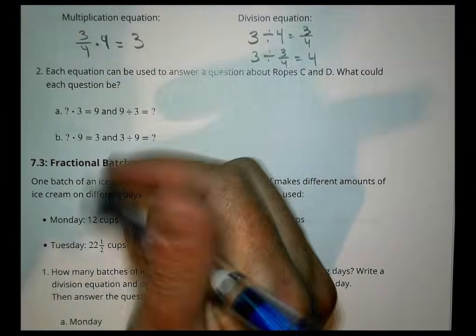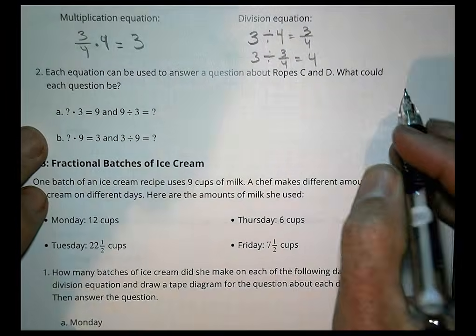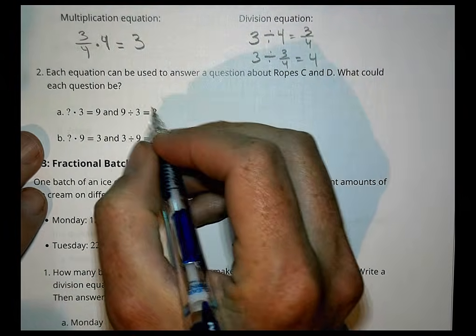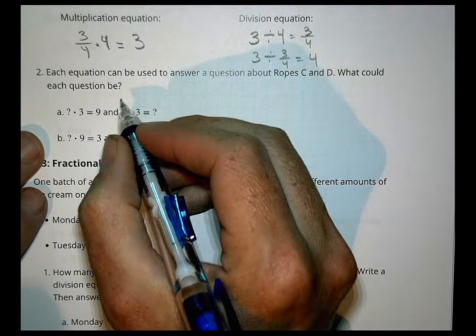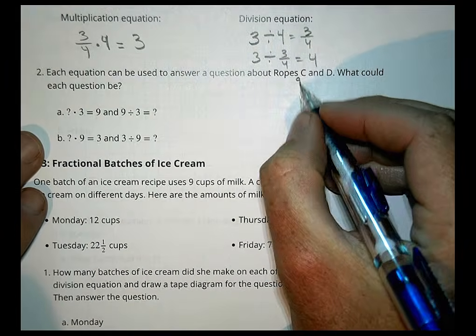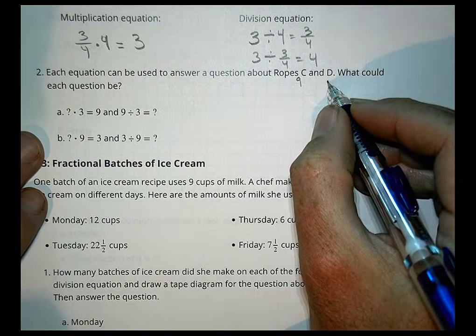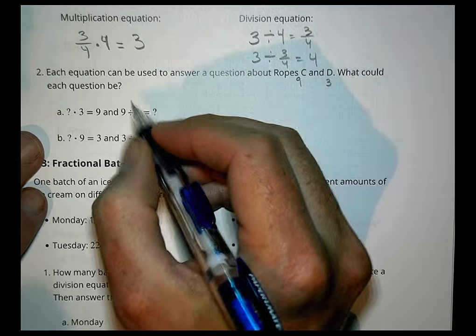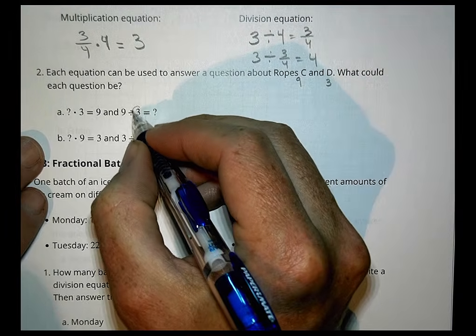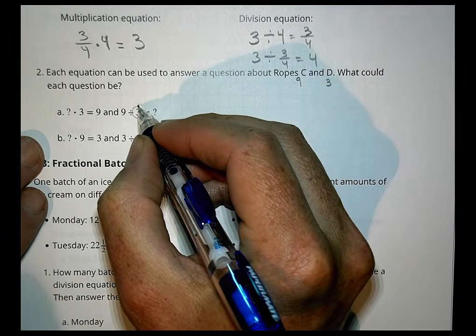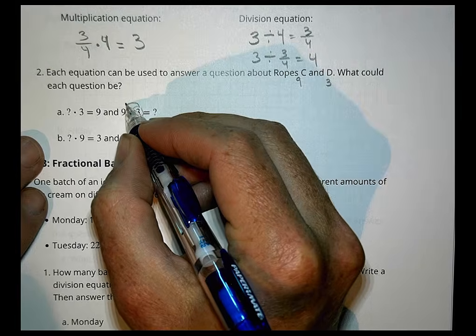What could each question be? So this is talking about rope C and D. We know that rope C had a length of 9 and rope D had a length of 3. So if this is our groups, we could be saying how many groups of 3 are in 9.